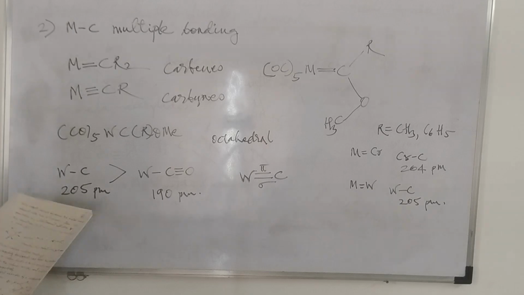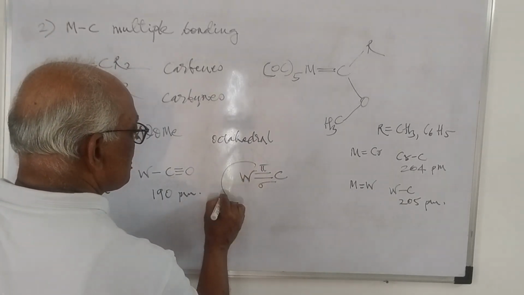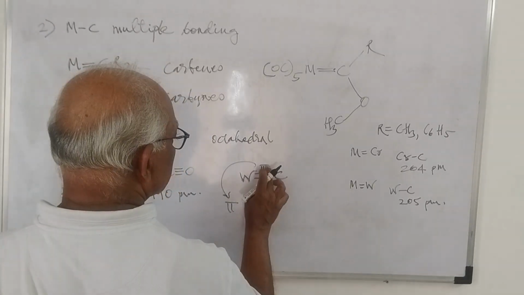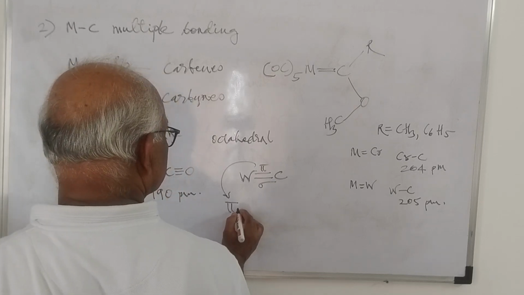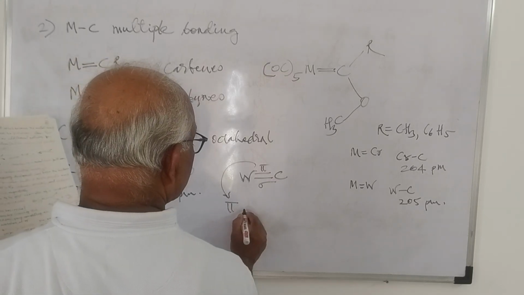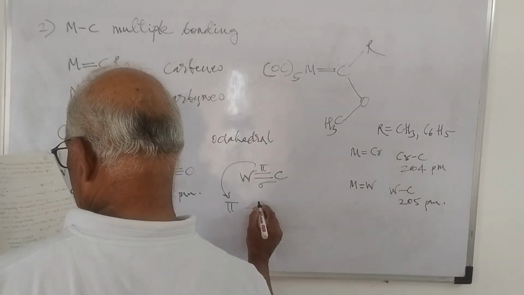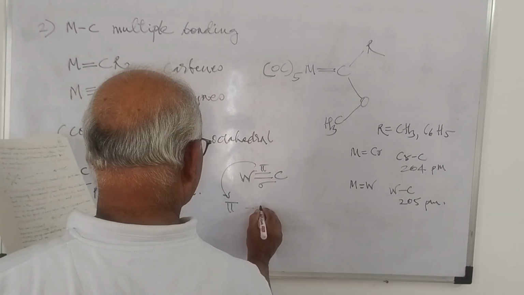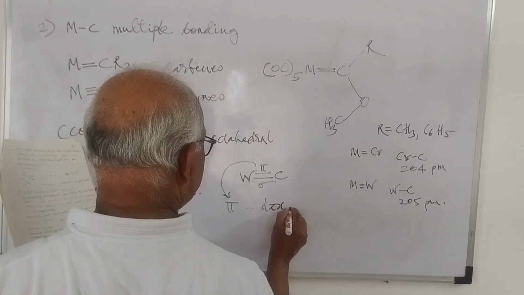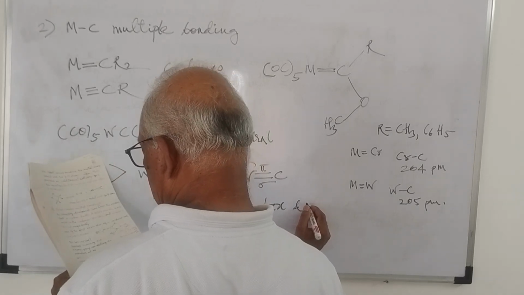This pi bond is formed by overlap between the d orbitals of pi nature, that is dzx and dyz.